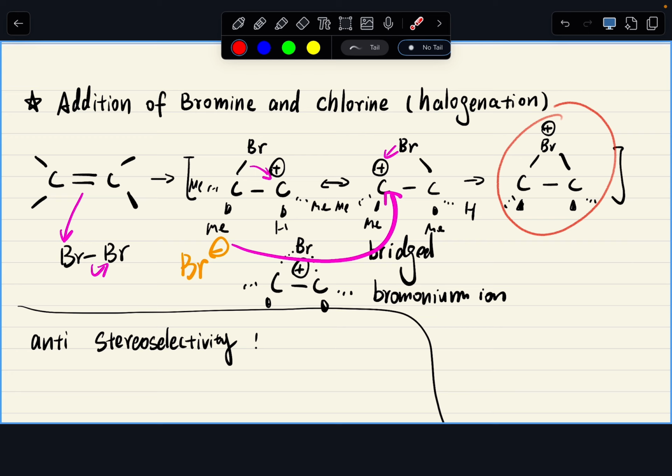It means now this reaction becomes a stereospecific reaction, or we can control the stereochemistry in the second step because of this bridged bromine group. And our final product coming from the bromine addition reaction then has the two bromines on opposite faces.